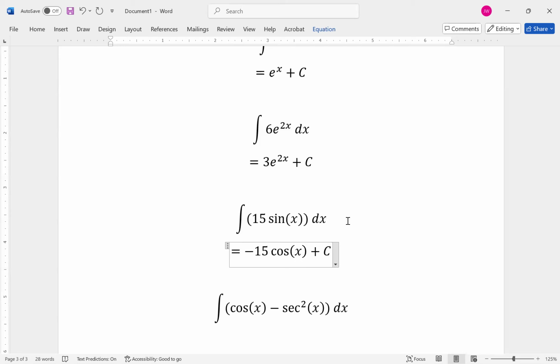Again, the antiderivative of sine is negative cosine. People often get the negatives and positives mixed up because the derivative of sine is positive cosine, but the antiderivative of sine is negative cosine.